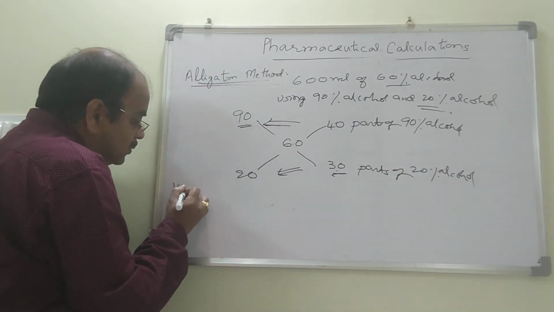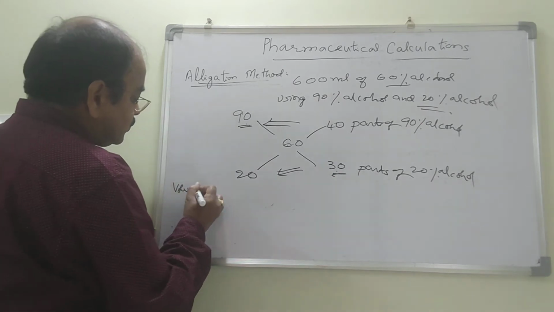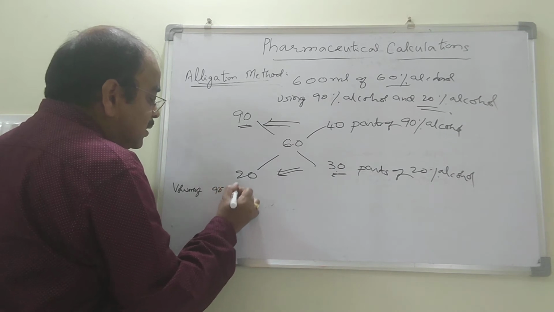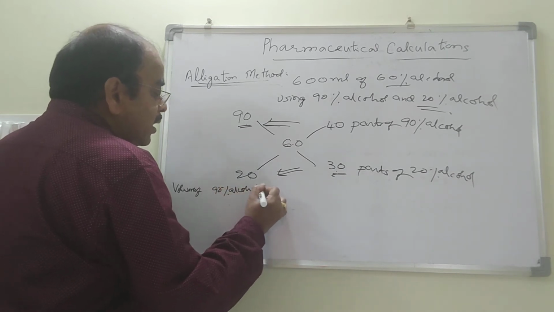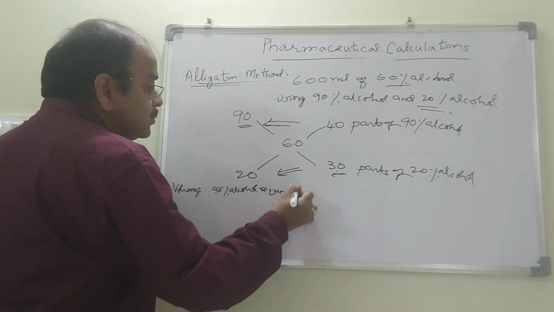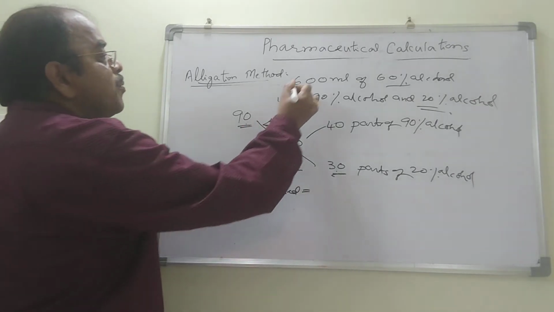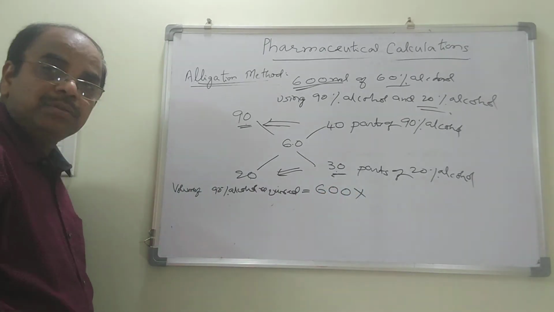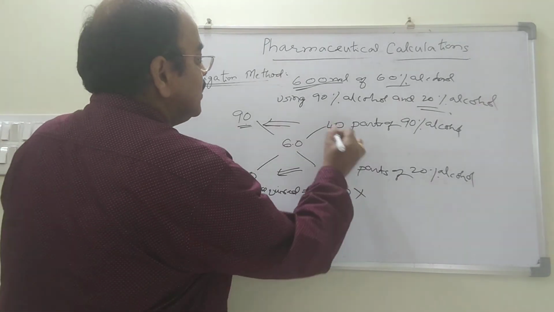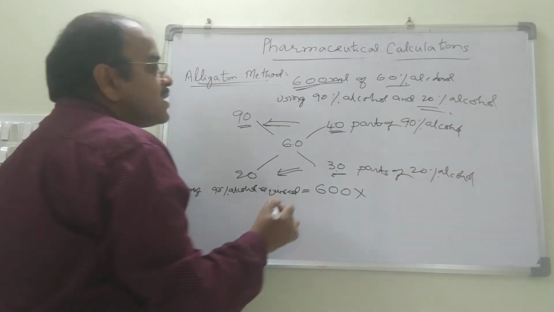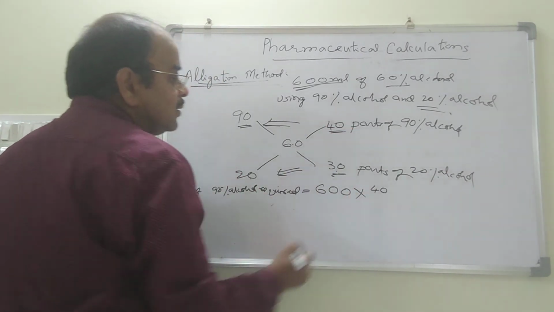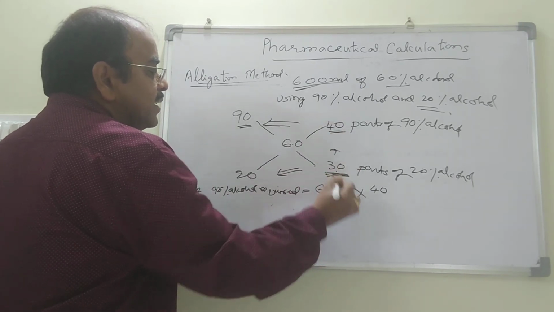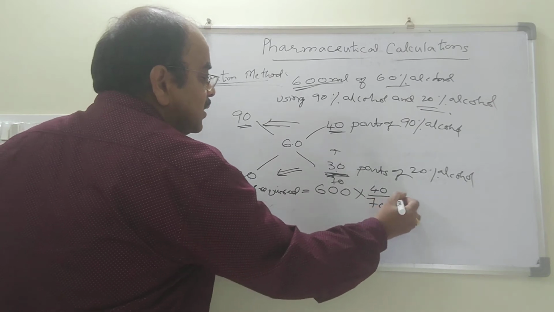Volume of 90% alcohol required is equal to, how many ml you have to prepare? 600 ml. 600 into 40, the parts required, by the total number of parts, 40 plus 30, 70. 40 by 70. Find out the value.